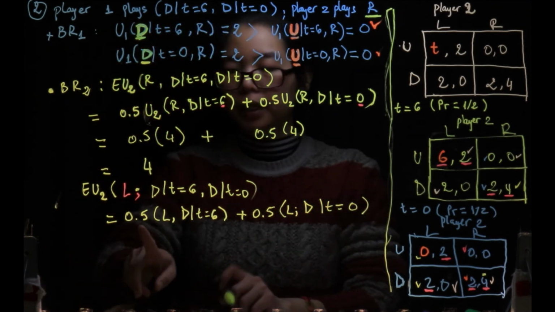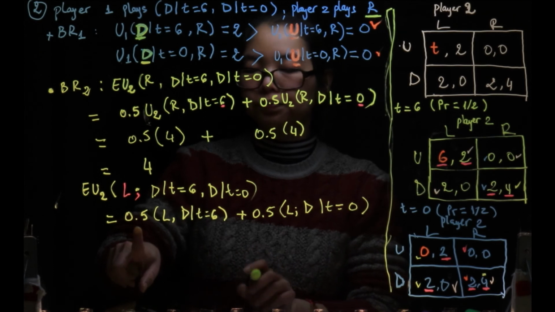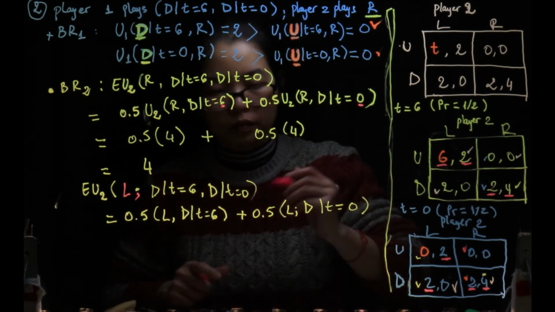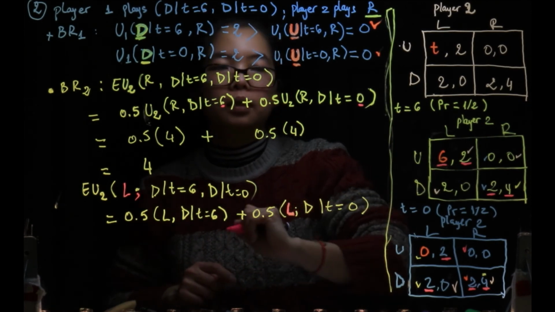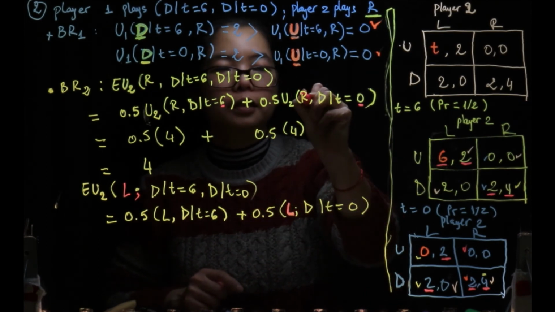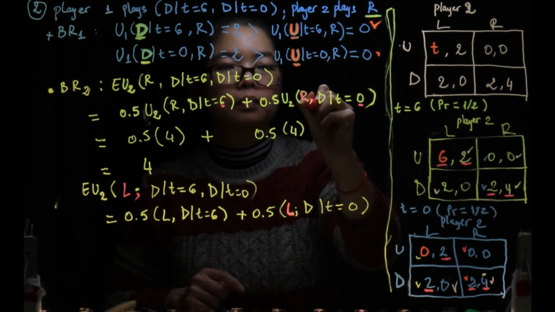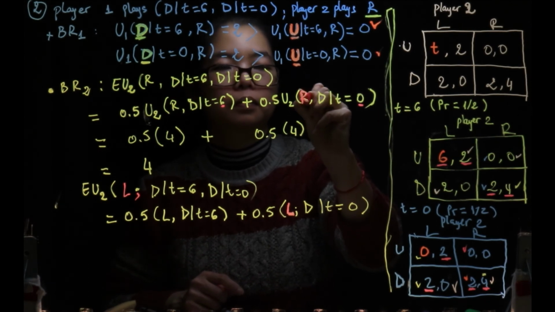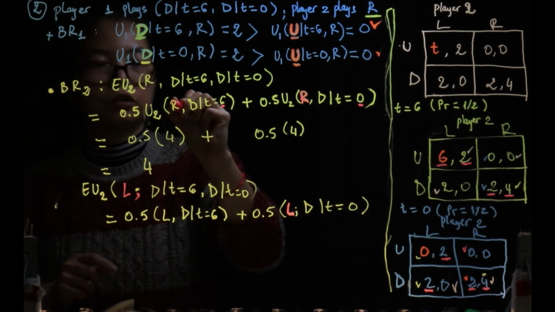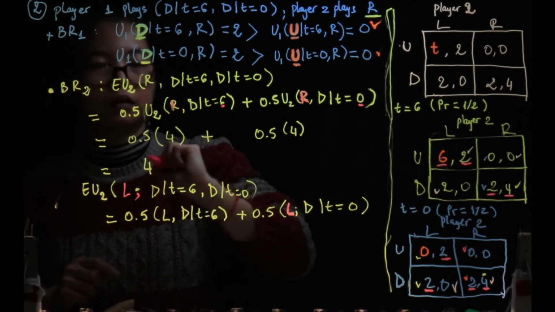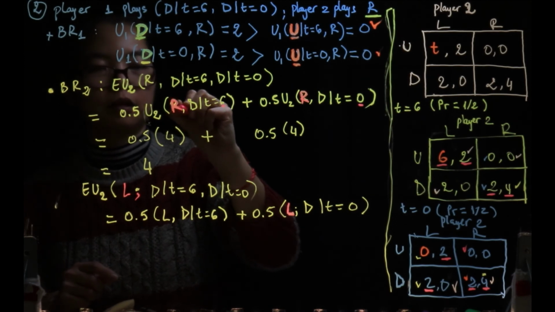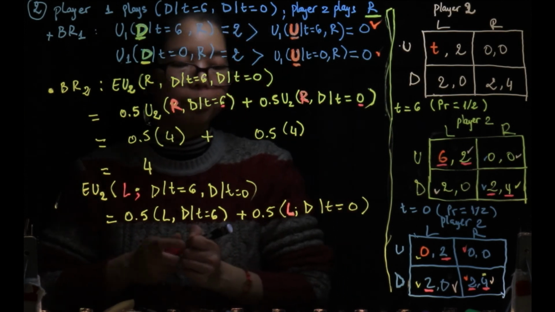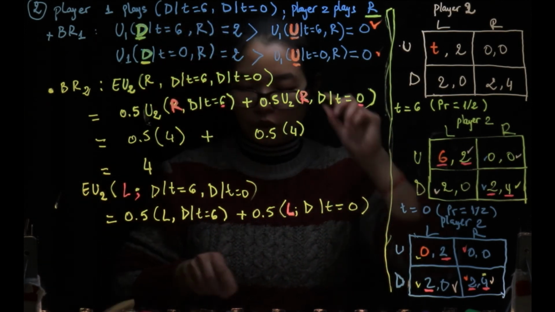So that will be 0.5. This is left, and this is right. That's where the difference comes from. We just deviate his or her strategy but keep the other strategy the same, so that we can compare.